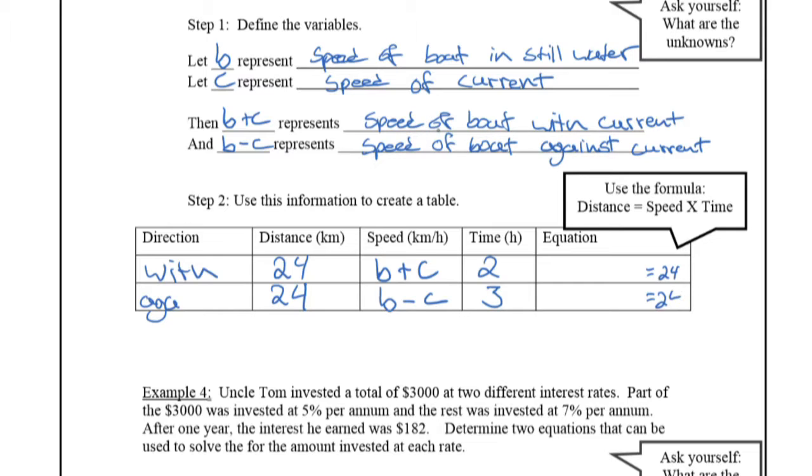So I'm trying to come up with two equations. Speed times the time. In the first example here, I had my speed of B plus C, and then I have B minus C. If I multiply it by the time, it took 2 hours going upstream and 3 hours going downstream.